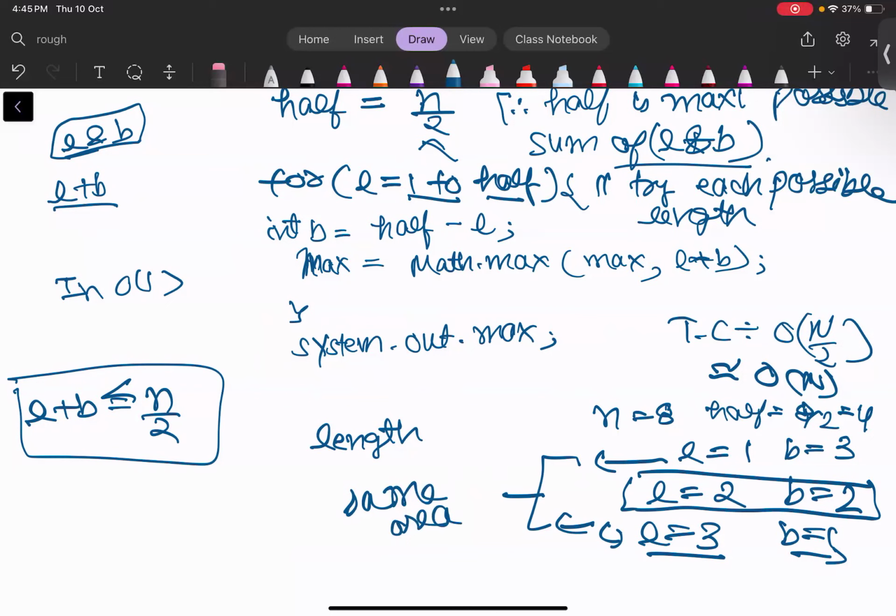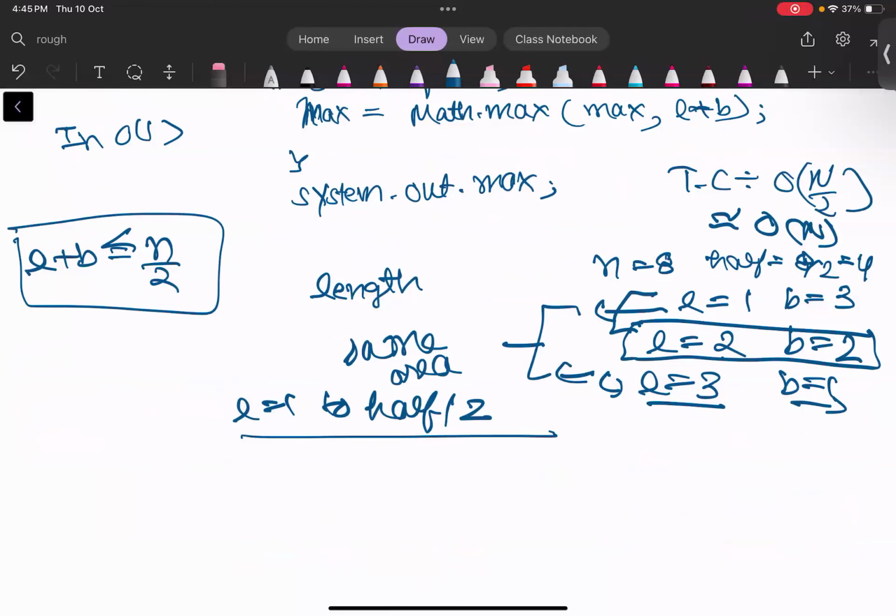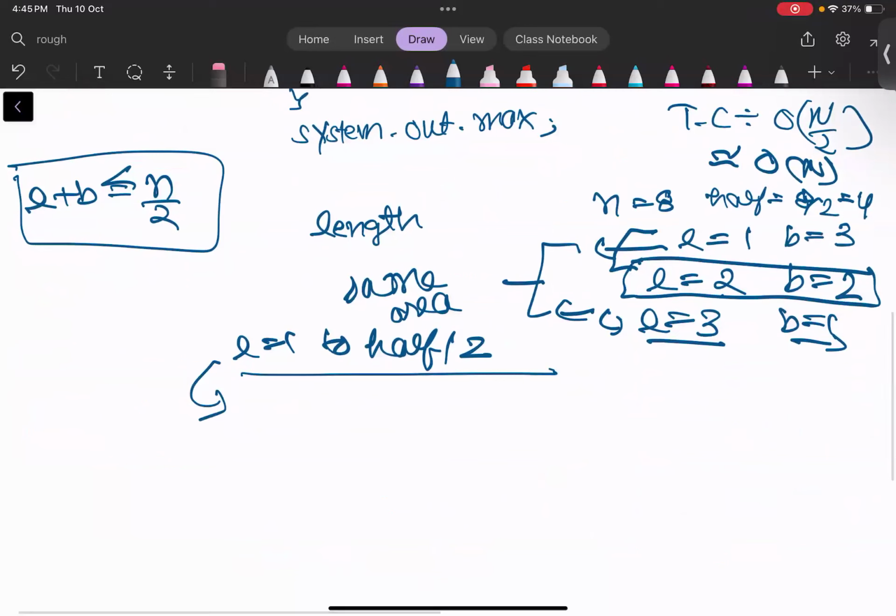So after half, when length increases to the highest value, breadth becomes the lowest value, due to which the area becomes the same. So we can approach it by taking the loop from L equal to 1 to half by 2. But we can do this in a single step also. How?